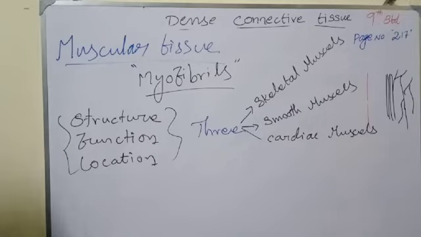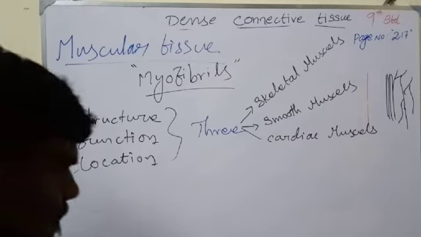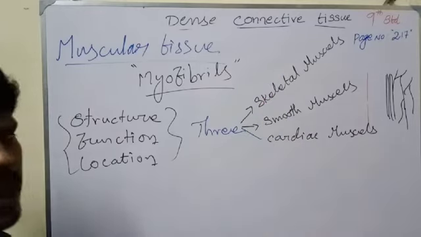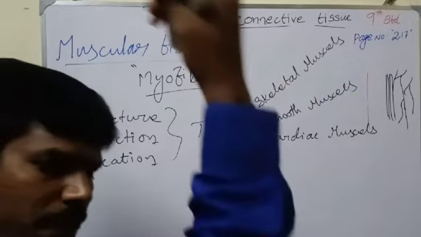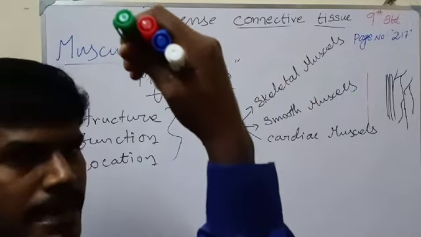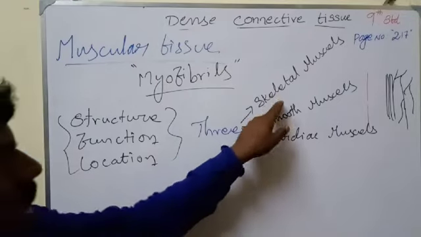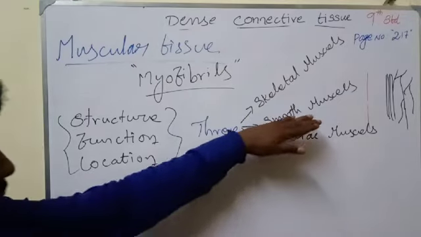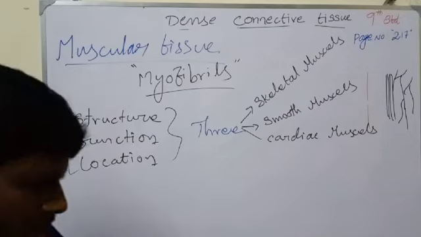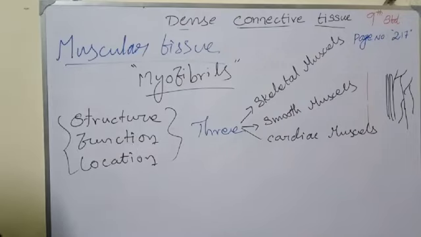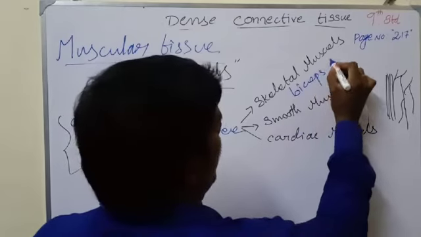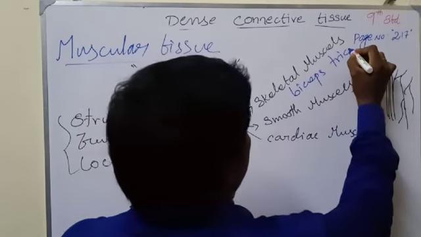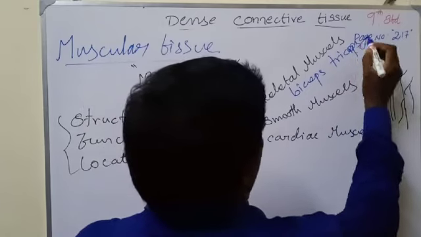They occur in the biceps and triceps. So skeletal muscles are present in the biceps and triceps, you know, the arm. On the surface of the arm is the biceps, and at the bottom of the arm is the triceps. If anyone asks where skeletal muscles are present, you just write biceps and triceps.